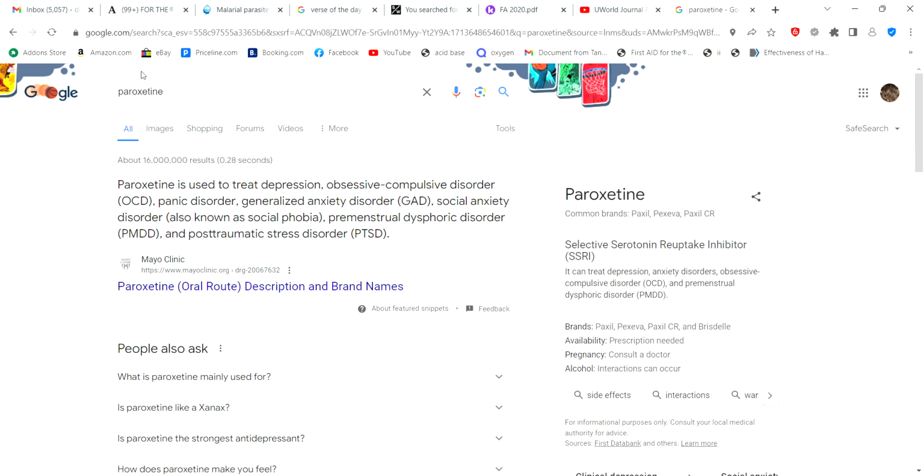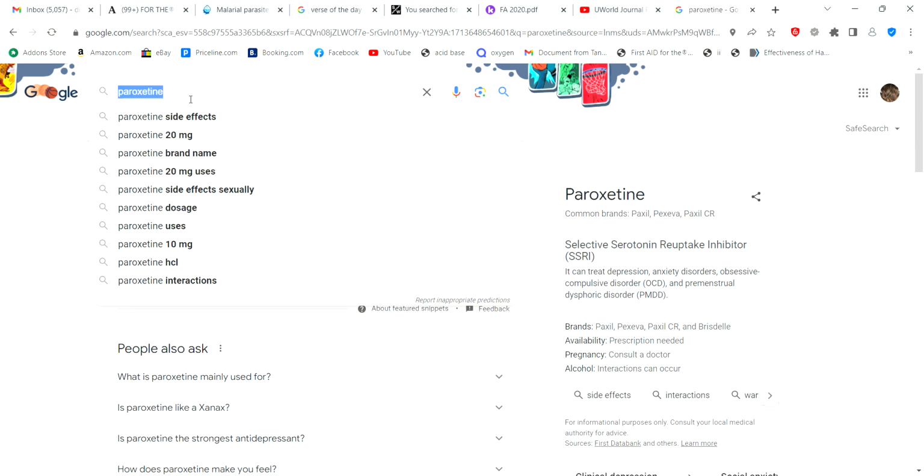Serotonin syndrome is hyperthermia, hypertension, tachycardia, altered mental status, tremor, hyperreflexia, myoclonus, diarrhea, vomiting, and diaphoresis. So what is myoclonus?